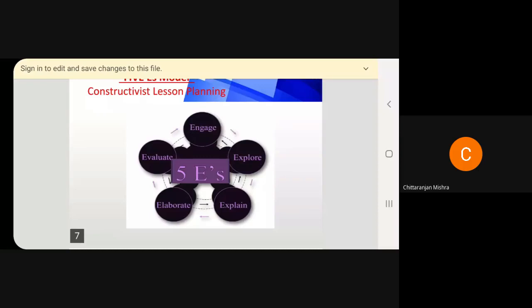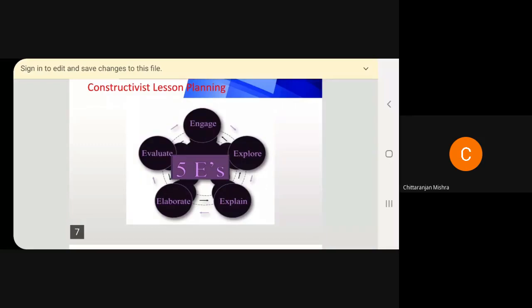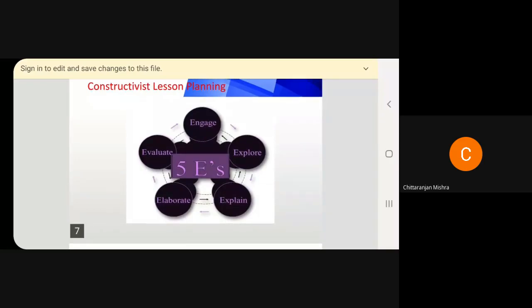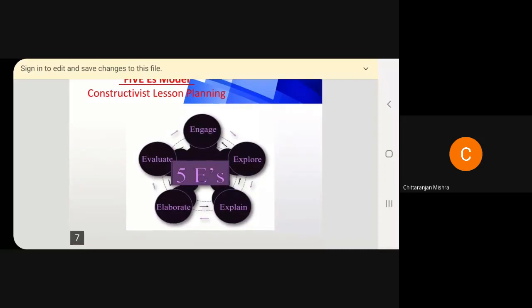First we will do something. Suppose I have prepared some activity and I will put my students in groups, and for every group I will give the activity and engage my students in relation to the topic I am going to teach. If you have gone through your blog, you will see a very nice example given regarding the French Revolution.